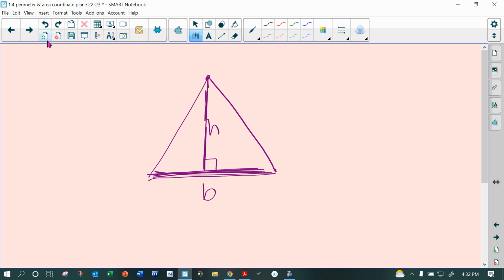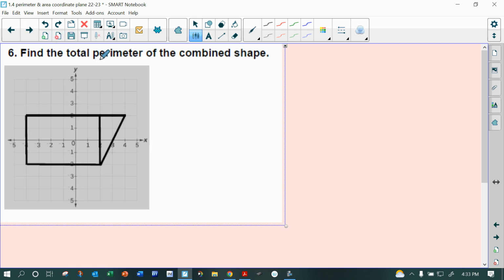All right, so number 6, find the total perimeter. So the perimeter is the edges on the outside. So I need this, this, this, and this. I don't really care about this because it's not the area. It's not the part on the outside. I only want what's outside.